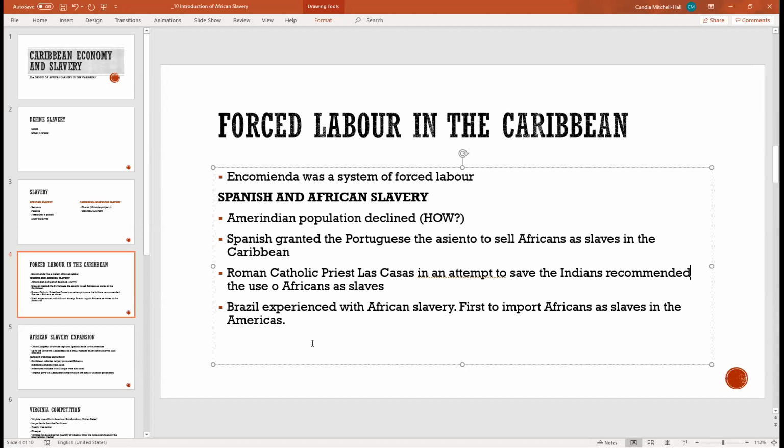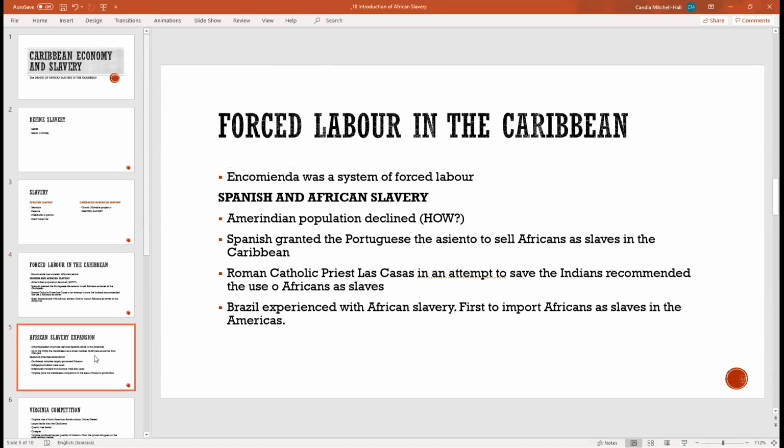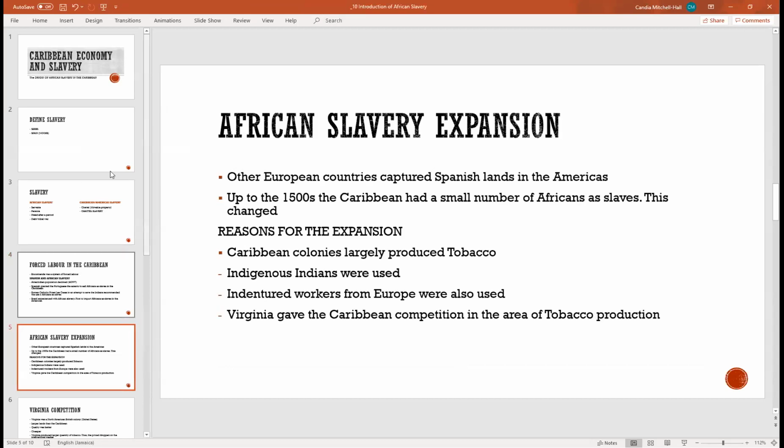In fact, they were the very first place to establish plantations in the Americas, long before the Caribbean.